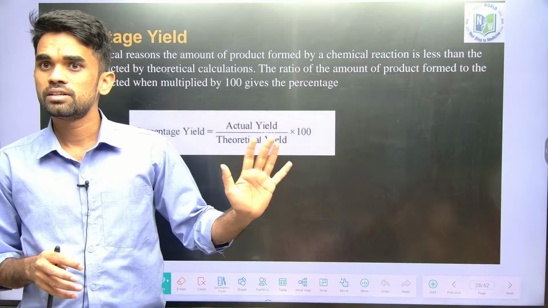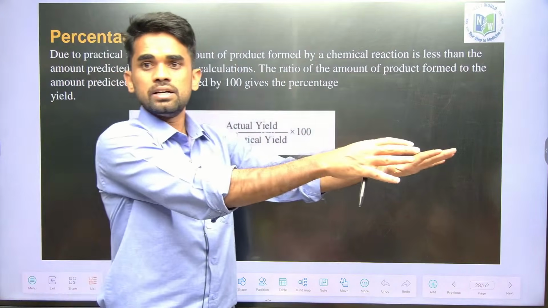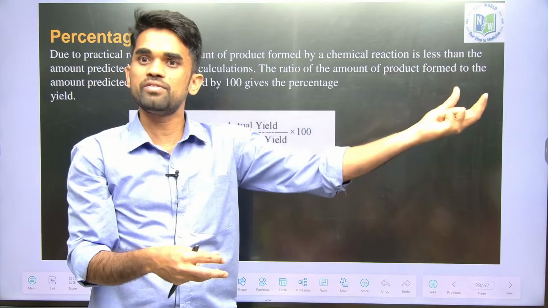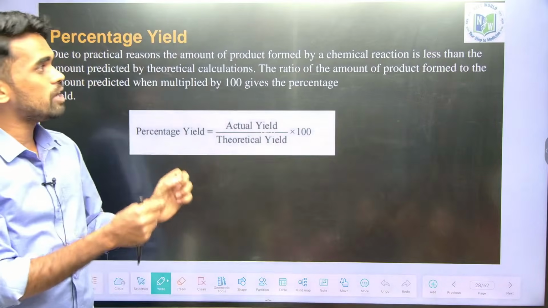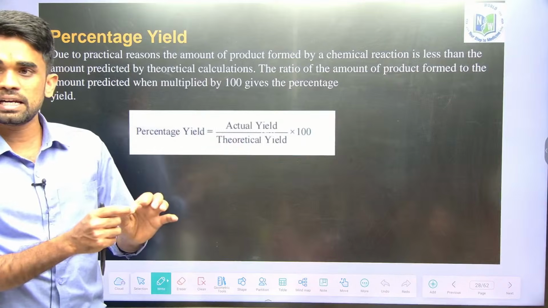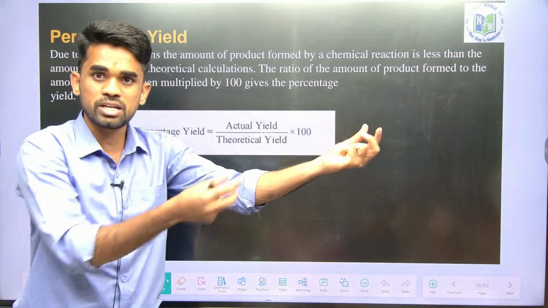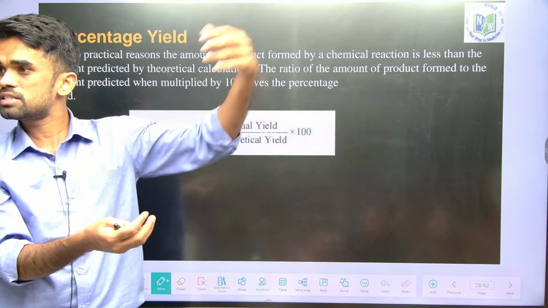As per theoretical calculation we are saying 100% product is formed, or the maximum amount of product is formed. But when we are doing it practically, the yield will be either equal to the theoretical calculation or less than that value. It will not cross that.